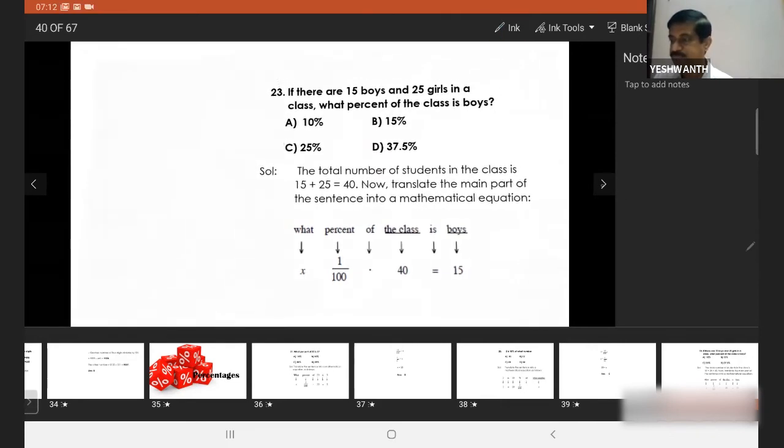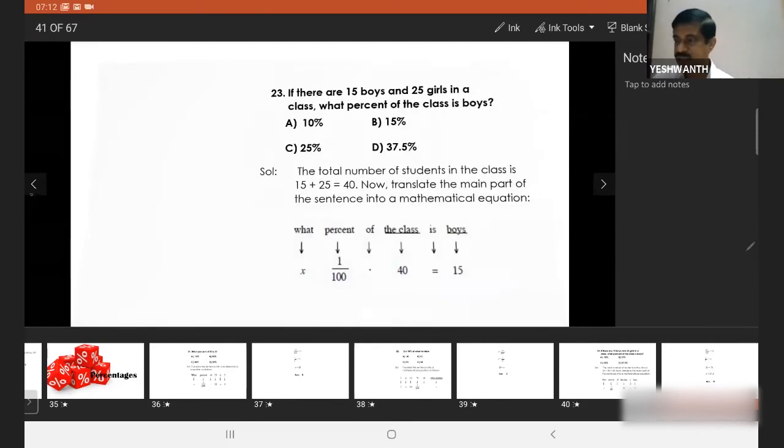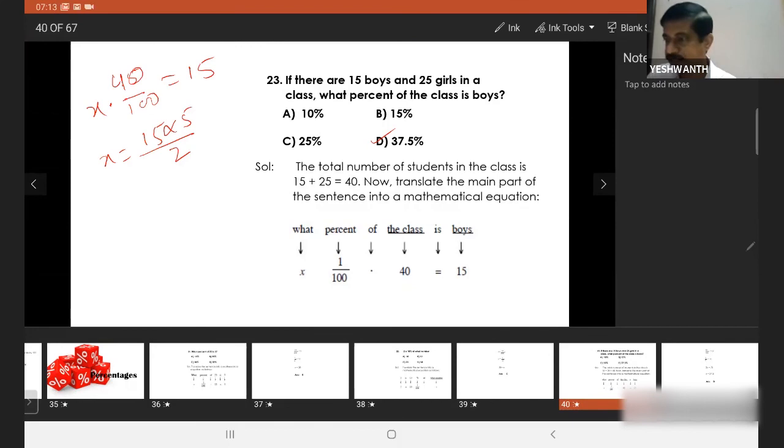Okay, like this. So we have already written it on page 1. So just leave it like this. See, what means X. Percentage means by 100. Of multiplication. The class means 40. Total number of students of the class is 40. Is boys means equal to. Boys are 15.